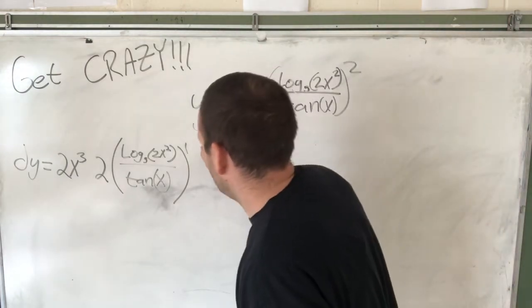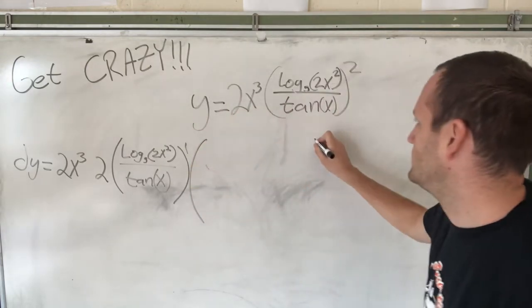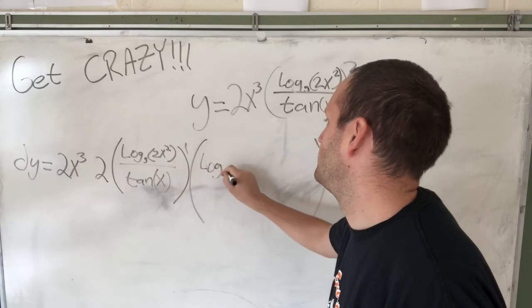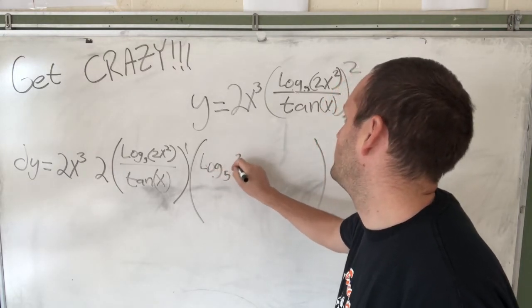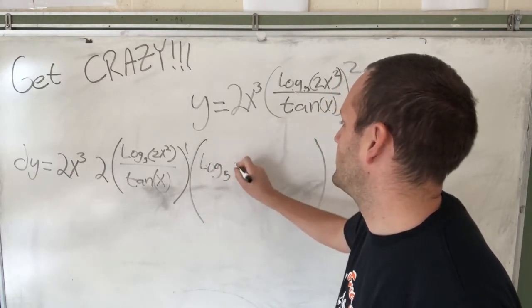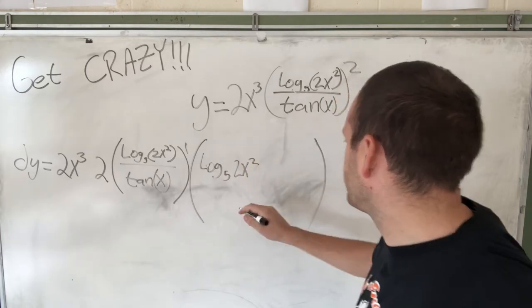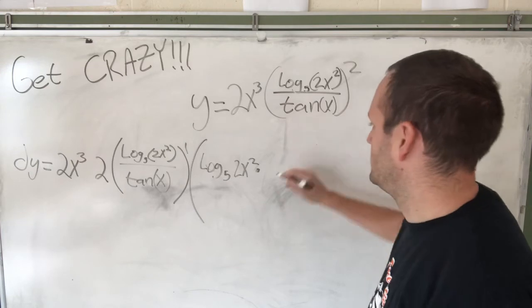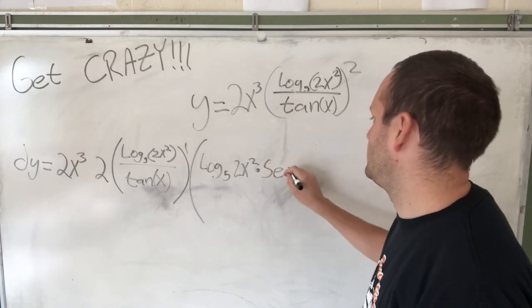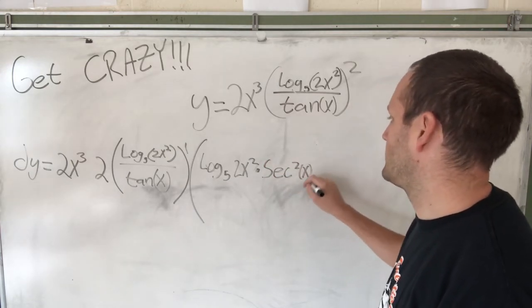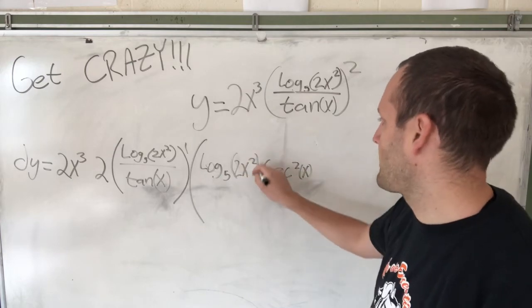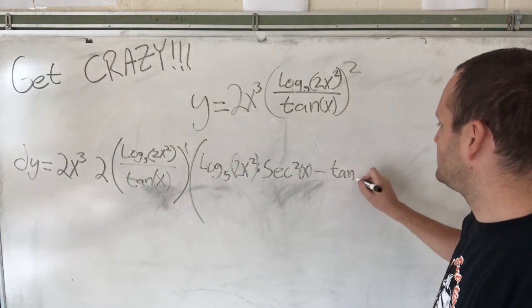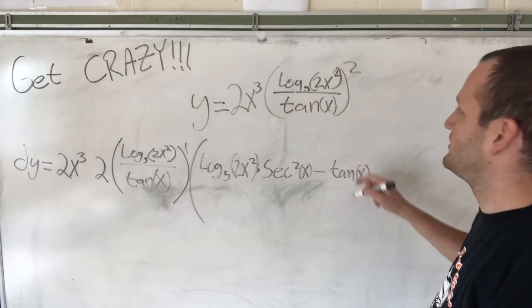Okay? As part of the quotient rule, it is the top, so log base 5 of 2x squared times the derivative of the bottom, which is secant squared x, okay, minus the bottom, which is tangent x, times the derivative of the top.